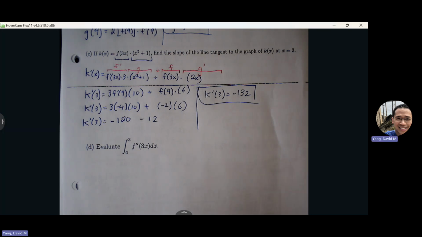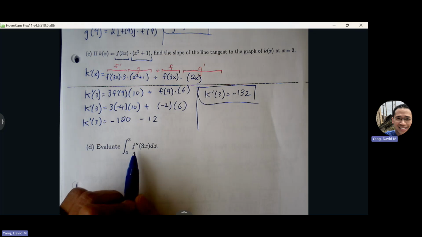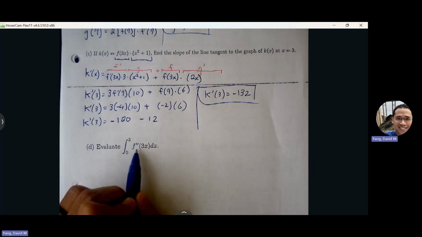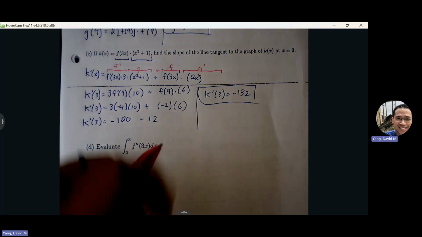Okay, next part, part D, evaluate the integral of f double prime of 3x. We know the integral process is going to make that f double prime rise up to f prime, but there's that 3x that's sitting here, so we do have to go through a little bit of u-substitution.